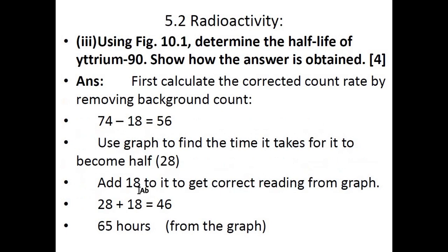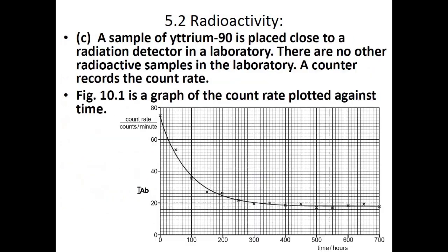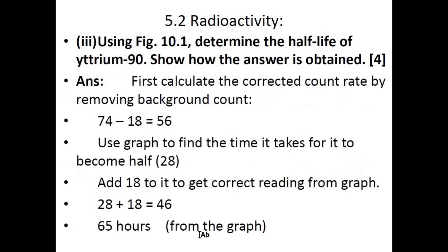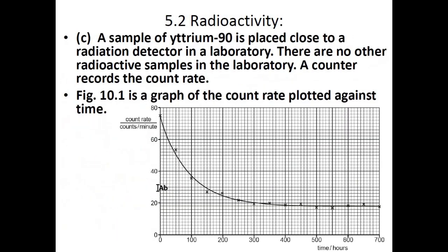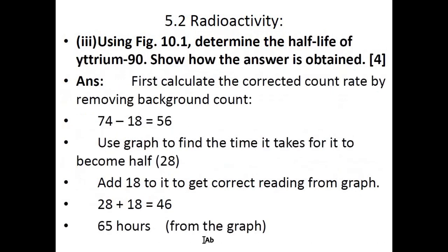Now use the graph to find the time it takes for it to become half, that is 28. We'll mark 28 over here and then draw a line and go down to see what time it takes. Add 18 to it to get the corrected reading from the graph. The 18 we subtracted before, we have to add it now. So it becomes 46.